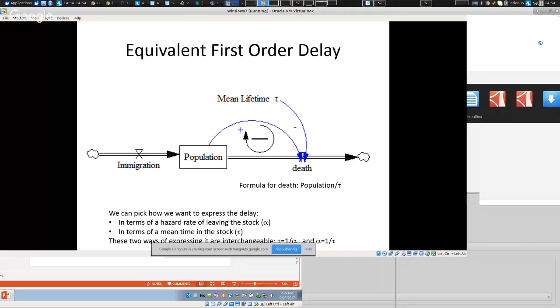Alpha is dimension 1 over time. You take 1 over alpha, and it's dimension time. And that's exactly what this is. Or, alternatively, alpha equals 1 over tau, because the units of alpha are 1 over the units of tau. Sinking in? Okay, I'm glad. Otherwise, my throat would be in trouble.